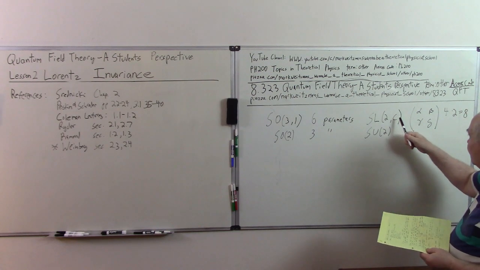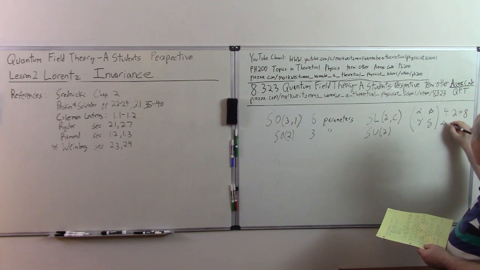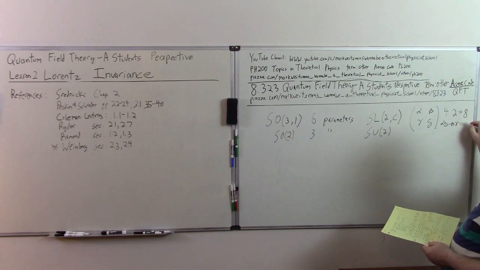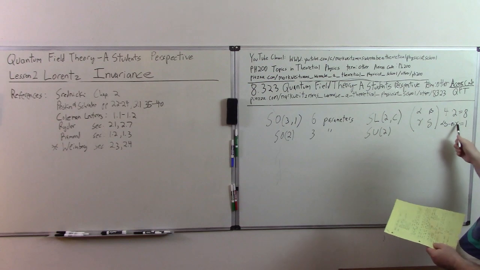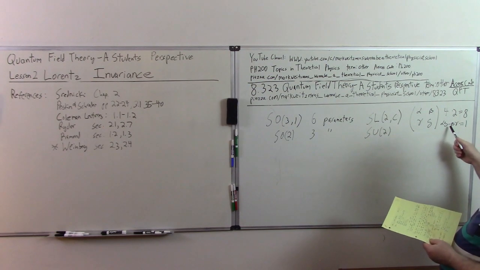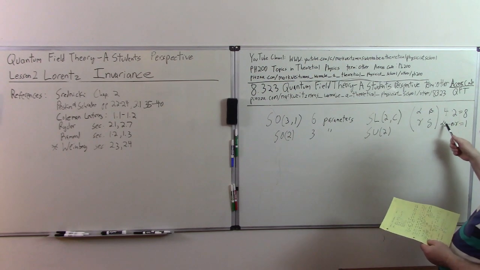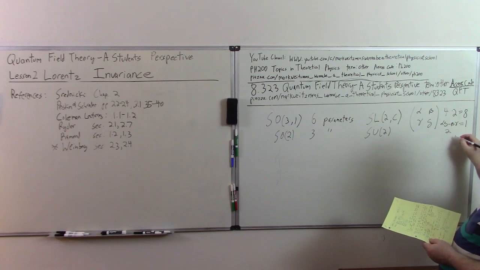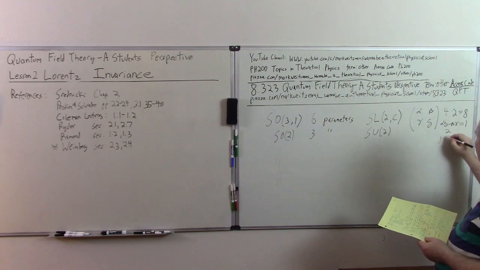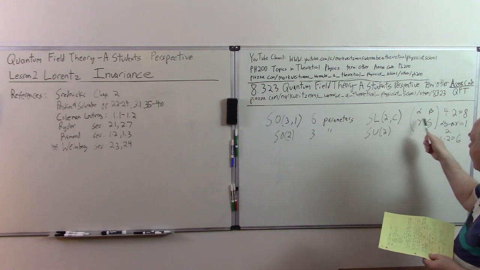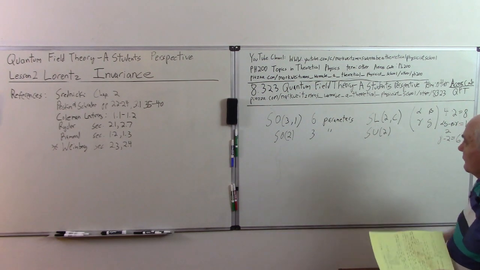But we have a condition that the determinant, alpha delta minus beta gamma, equals 1. That's what the special means. It's one equation. You might think it's 1 parameter, but these are complex numbers, so it's 2 conditions. So it's 8 minus 2 equals 6 parameters. That gives you a hint that there might be something going on between these 2 groups.